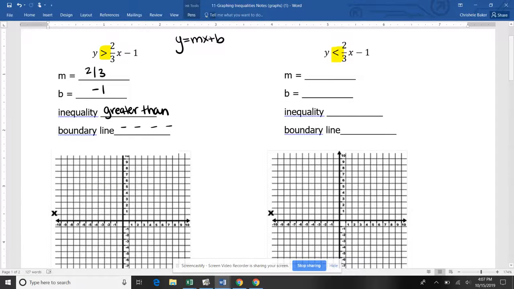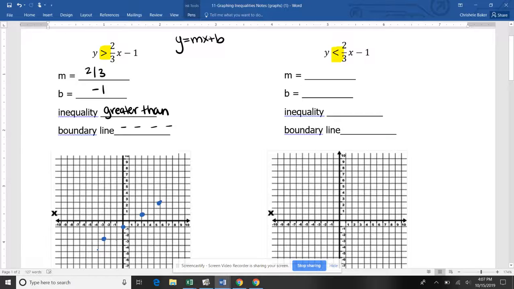To graph, I'm going to go to -1 as my y-intercept, and then I'm going to graph up 2 to the right 3, up 2 to the right 3. I can also go down 2 and left 3, down 2, left 3.